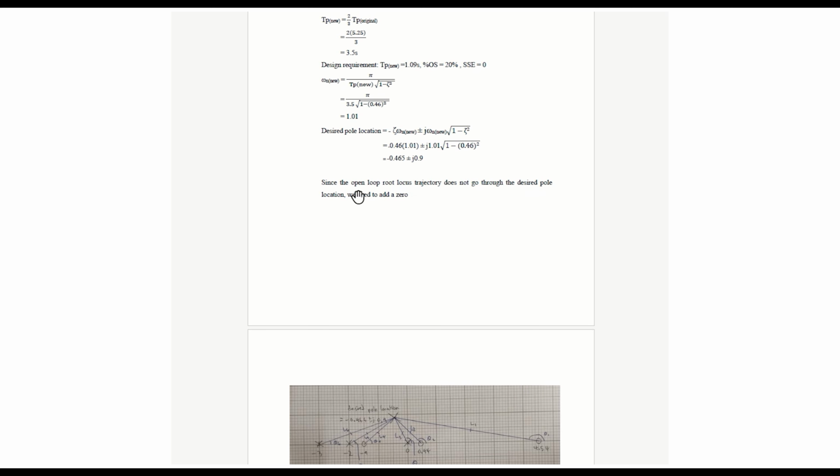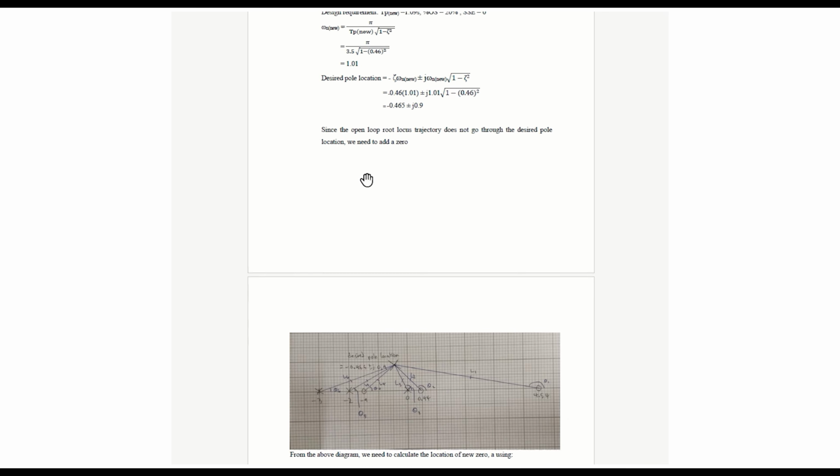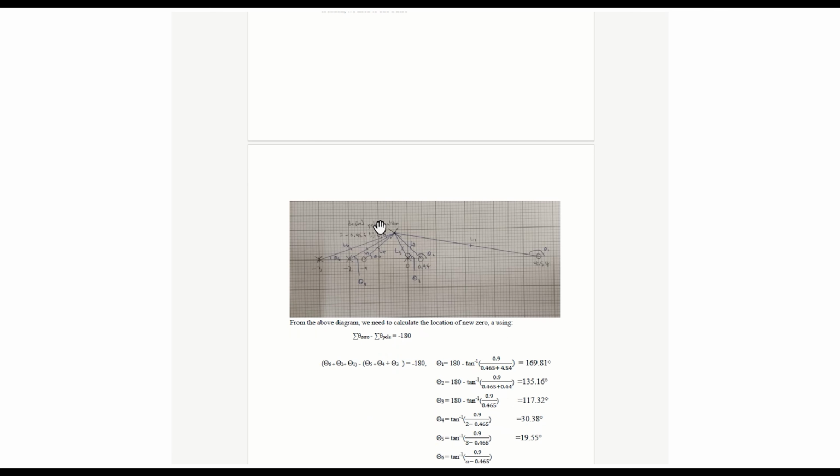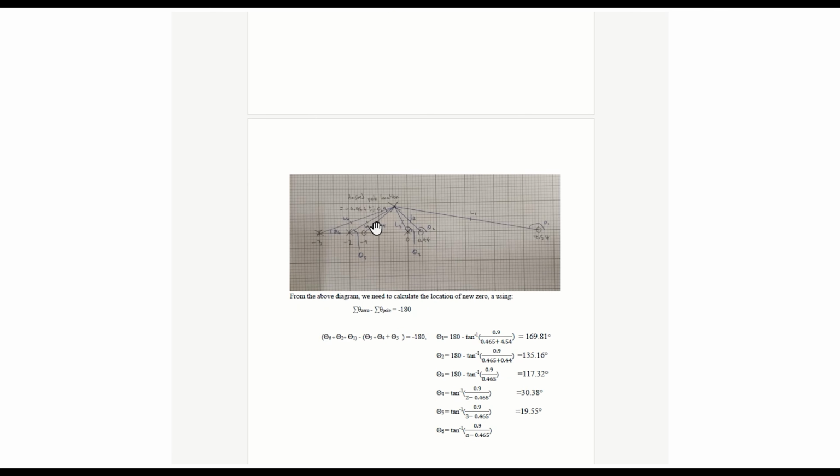So again, our original root locus trajectory does not go through this pole, so we must do PD part. First in PD we must know the value of the zero needed to be added. So we use this angle of departure equation, again using just a basic Pythagoras theorem.